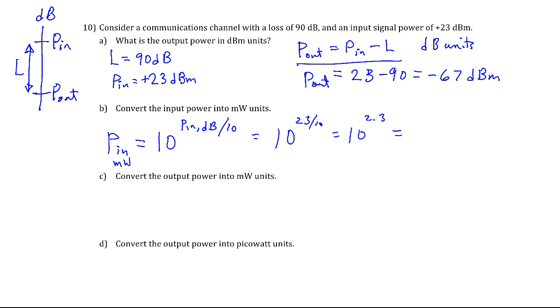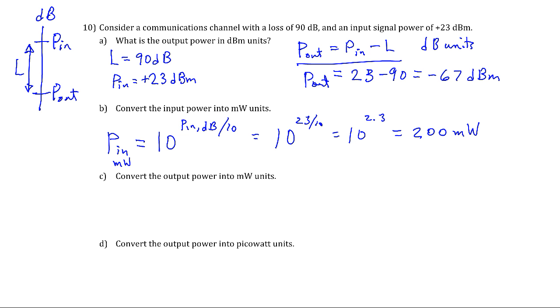On the calculator, this is going to yield... I know from the rule of tens and threes that 23 dBm is 200 milliwatts. Let's see if that comes out here. 10 raised to the 2.3 power. 199.5. So I'm going to write 200 milliwatts. My calculator gave me 1.99 times 10 to the 2. So that's 199.5. I'm going to call it 200 milliwatts.